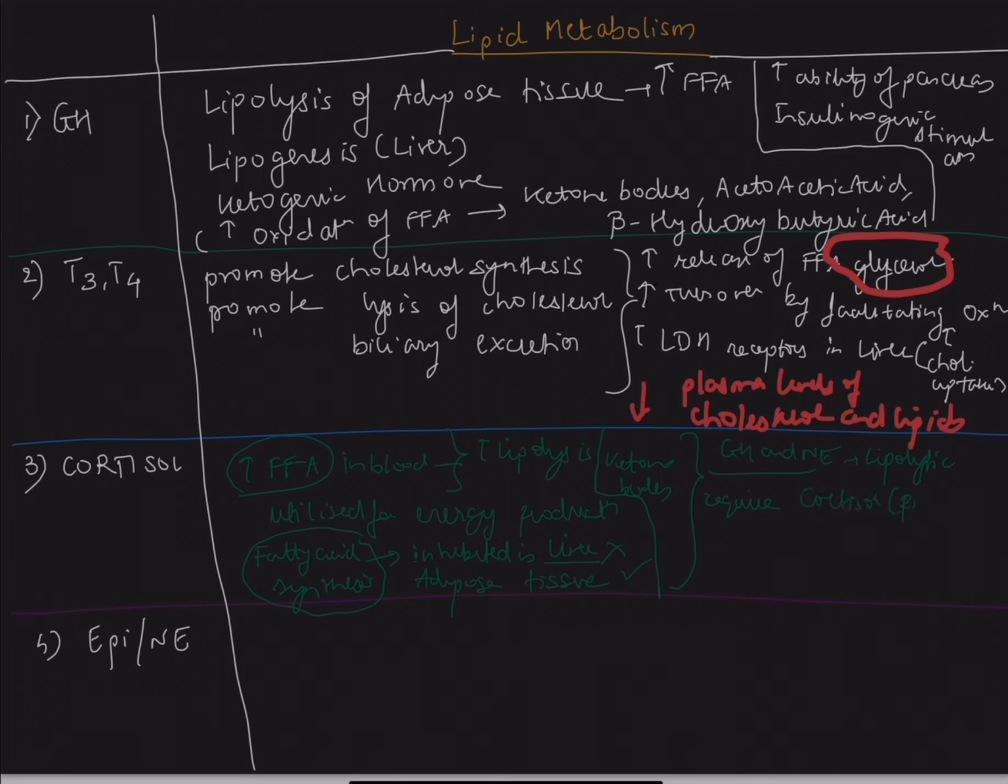This is called the permissive action. I repeat, GH and norepinephrine both have lipolytic effects, but their lipolytic effects require another hormone, and that hormone is cortisol.